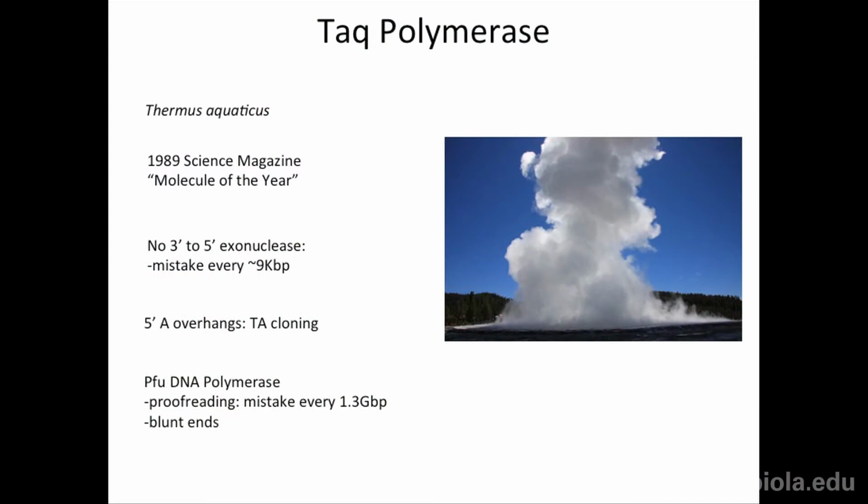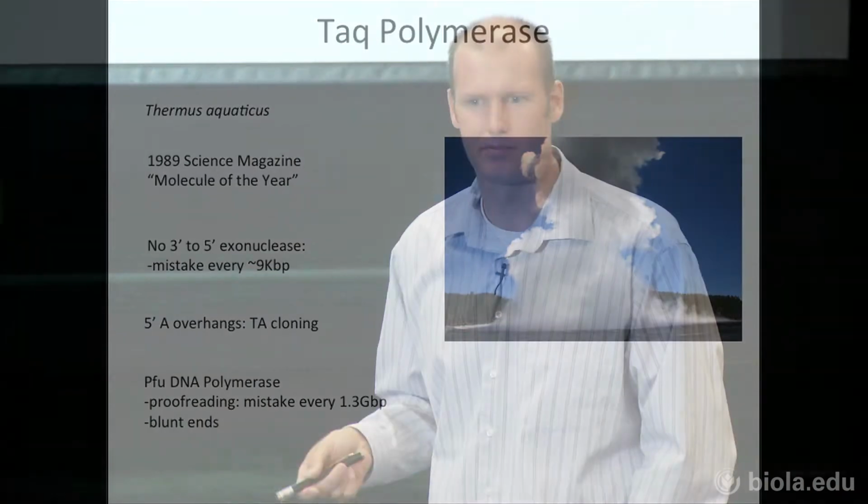So it's an aquatic bacteria that lives in steam vents, these geysers, like at Yellowstone, really hot, almost close to boiling water. Bacteria actually can live in these environments. So if it can live there, then it's got a stable enough polymerase that you can heat it up to 95 degrees and not kill it. It was named Science Magazine's Molecule of the Year in '89.